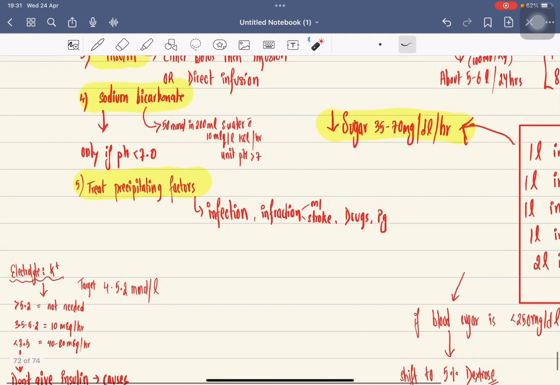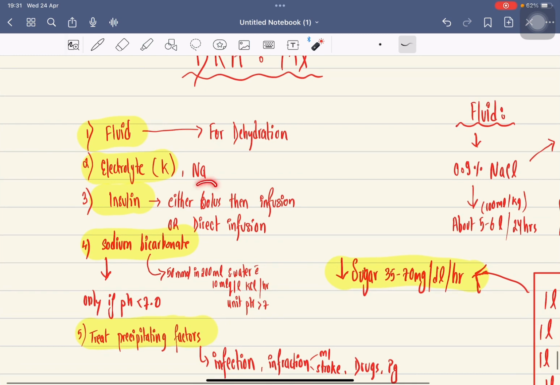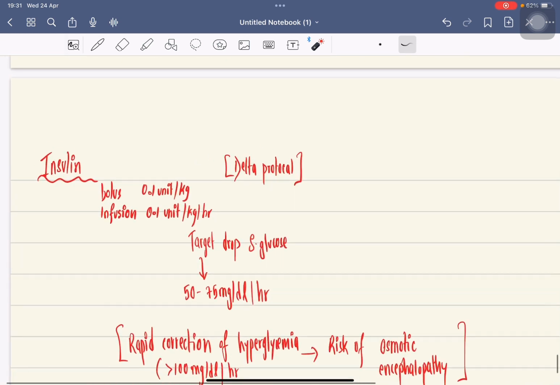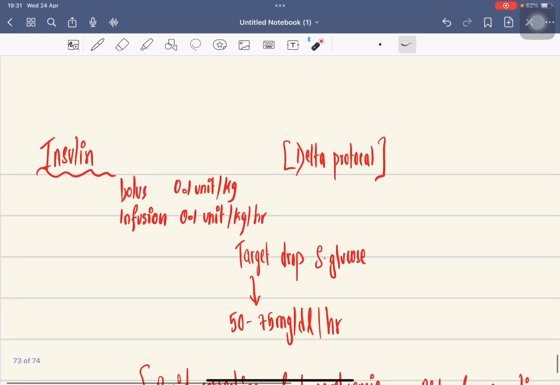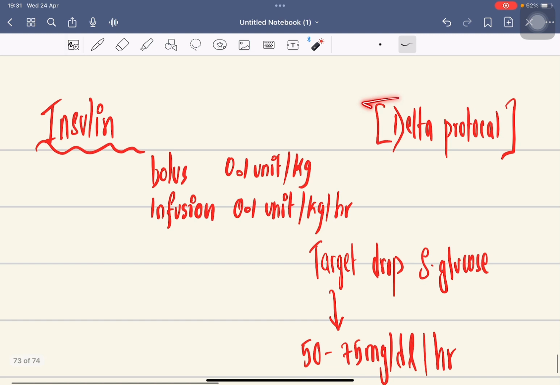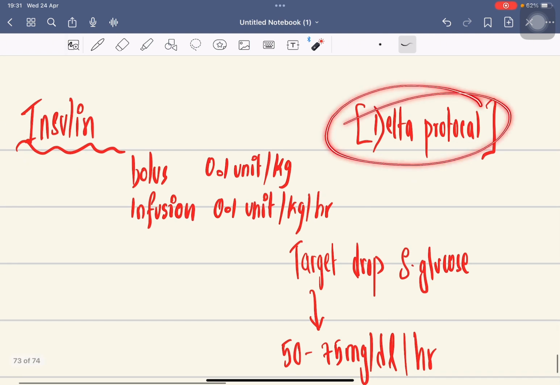Now the next one is insulin. Insulin can be given either as bolus or infusion. We can give insulin as per the Delta protocol. Delta protocol is quite difficult and it is not available in all places.